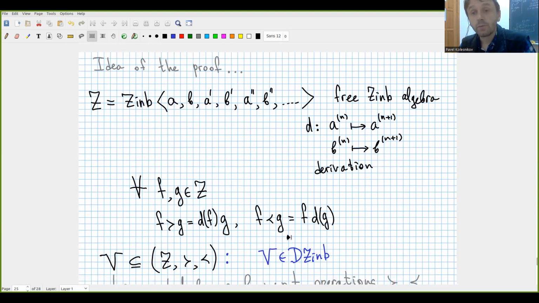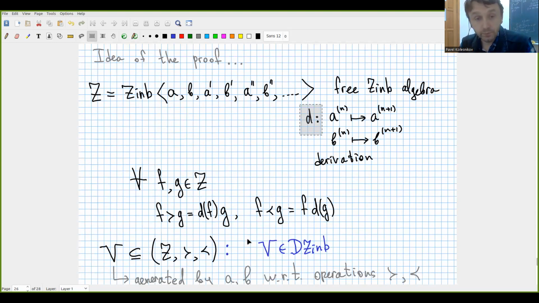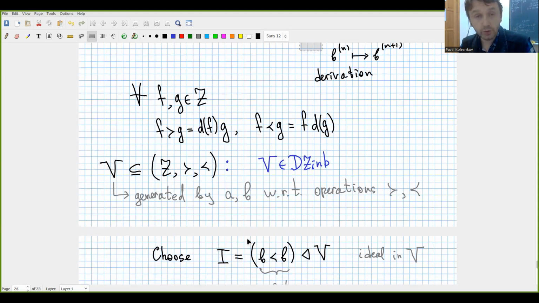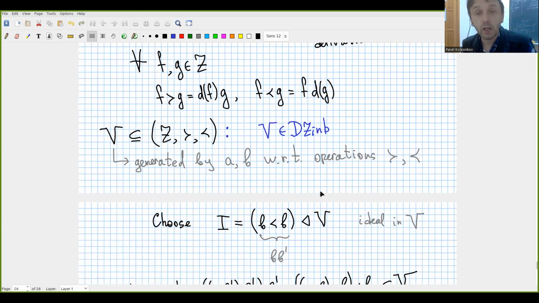Let us consider the free Zinbiel algebra with a formal derivation. It can be considered as a free Zinbiel algebra in infinitely many variables, and a derivation acts like that. What we obtain is a free Zinbiel differential algebra. Now introduce two operations, those left and right ones, and then consider the subalgebra in the derived algebra generated by the initial variables A and B with respect to these two operations.